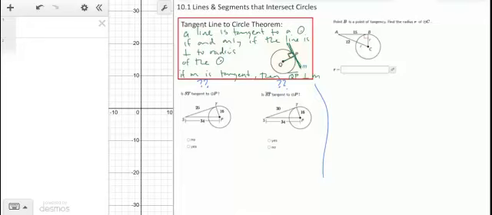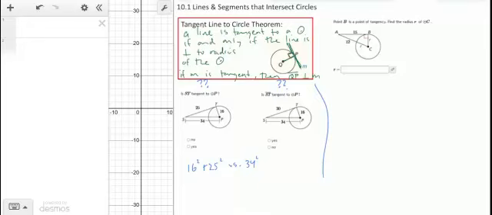What we're going to see is, does the Pythagorean theorem apply? So if we take this first example and we test the sum of the squares of the two legs versus the square of the longest side, are these equal? If they are equal, then the segment ST would be tangent. If it's not, then it would not be tangent.